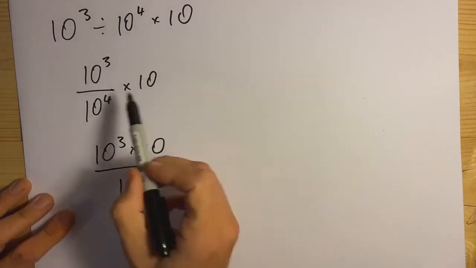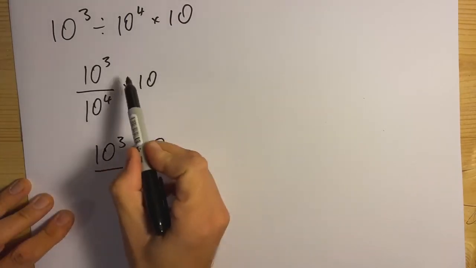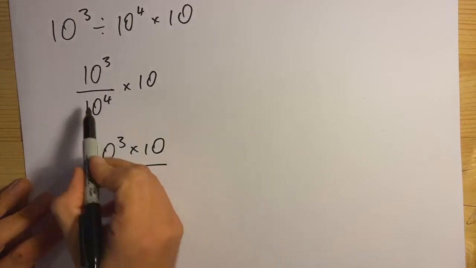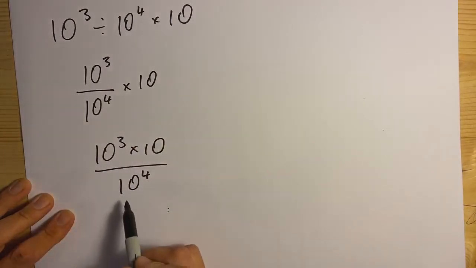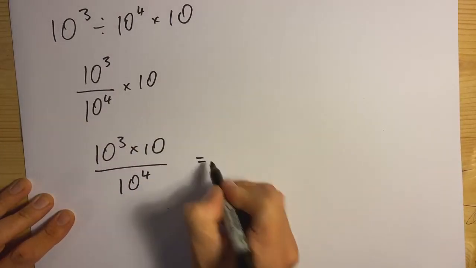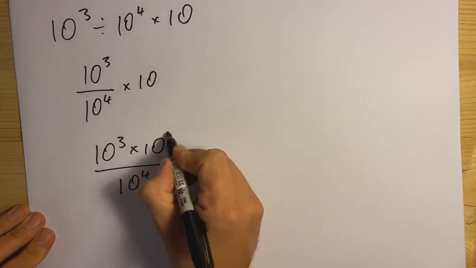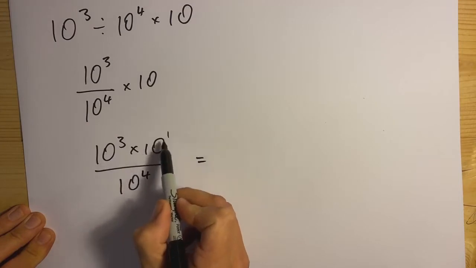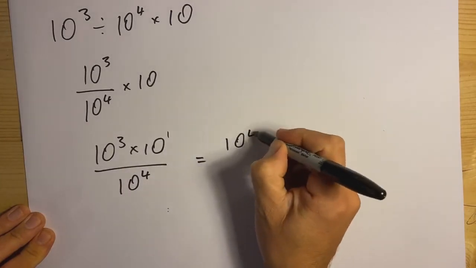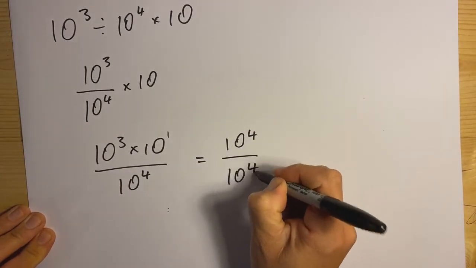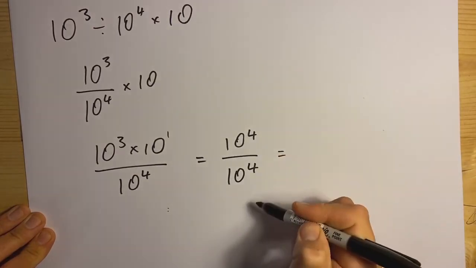Okay, so if we're just multiplying, we haven't got any addition or subtraction, we can just extend that divide line going all the way across. So now we can do things with our powers as normal. So 10 cubed, remember that's 10 to the 1, 10 cubed times 10 to the 1 is the same as 10 to the 4, and then we're dividing that by 10 to the 4.